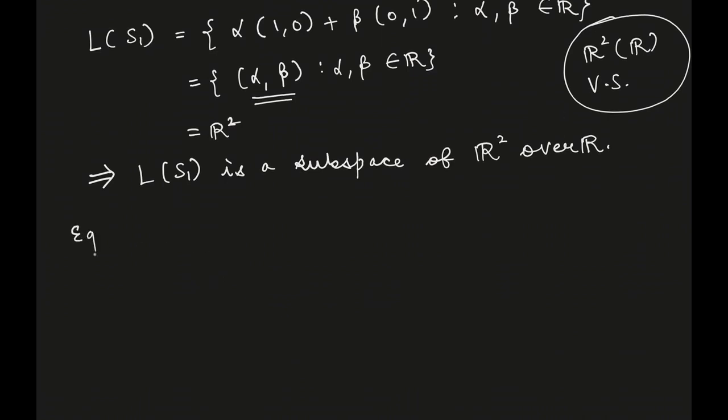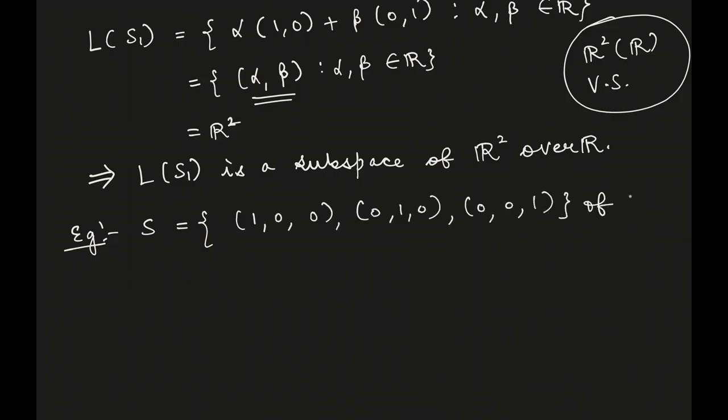Similarly, subset S as {(1, 0, 0), (0, 1, 0), (0, 0, 1)} of V3(F). This is R cube over field of real numbers.